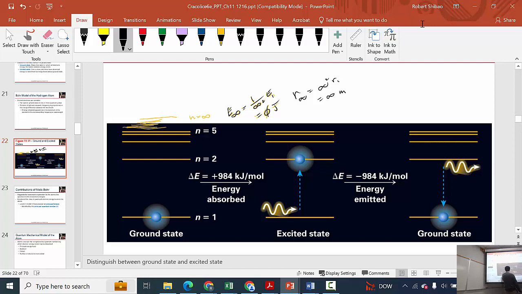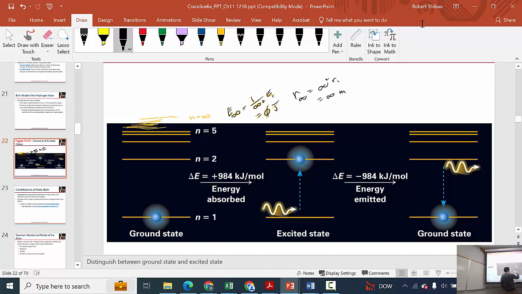So in order to excite the electron here, this is in moles. The energy is actually very small in terms of joules, 10 to the minus 18 joules per atom, but we don't necessarily always look at atoms. Sometimes we look at moles of atoms, and here it's 984 kilojoules of energy absorbed.